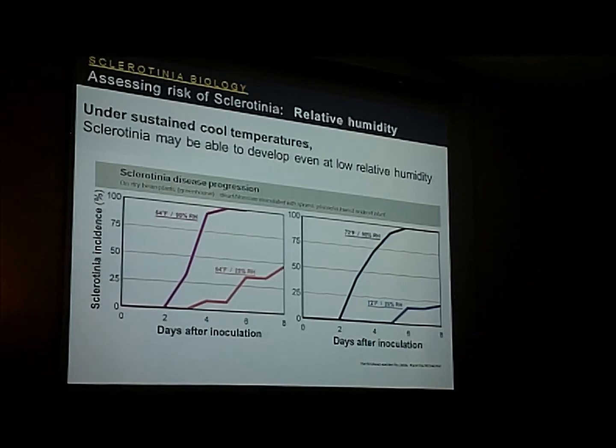But if you have an extended period of temperatures in the upper 60s, low 70s, even mid 70s, and you have the soil moisture to favor the production of the apothecia, you should be cautious, because you don't necessarily need a really sustained wet plant surface to get infection under those conditions.